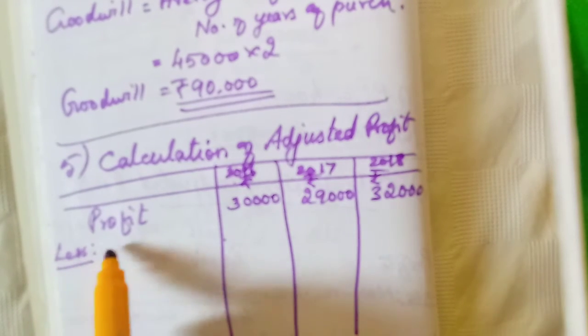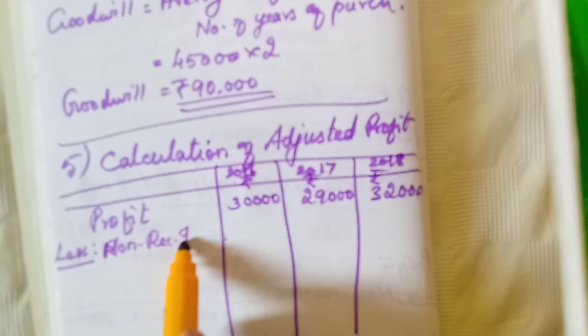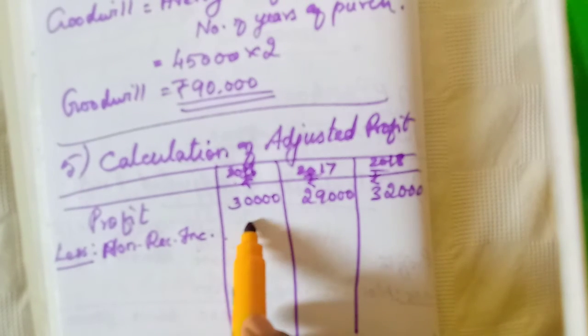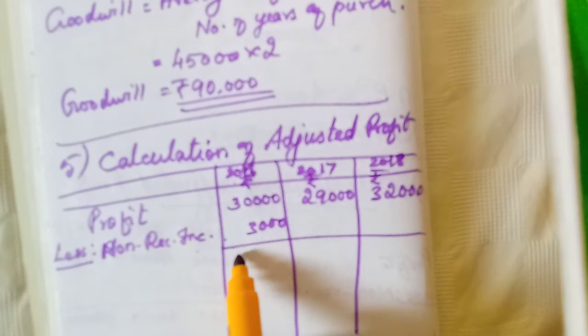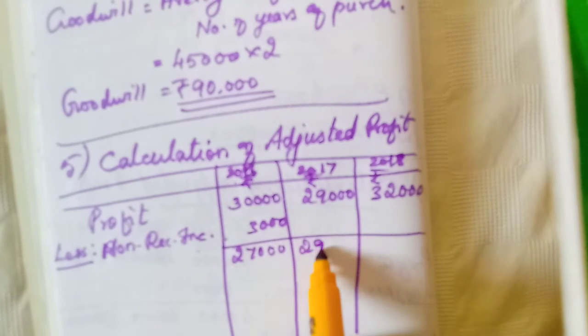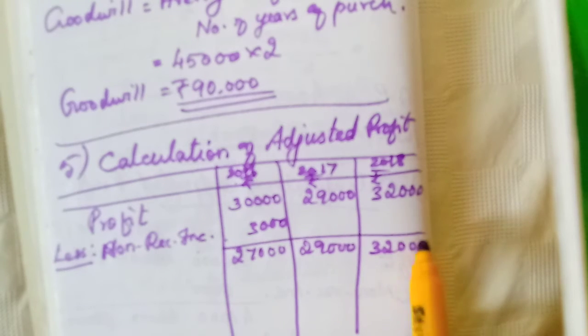Less non-recurring income, 16th year, 3,000. So 27,000, 29,000, 32,000.